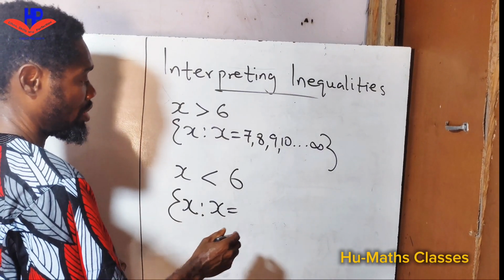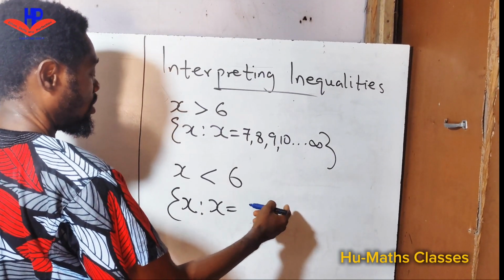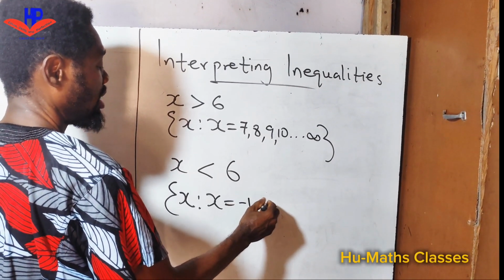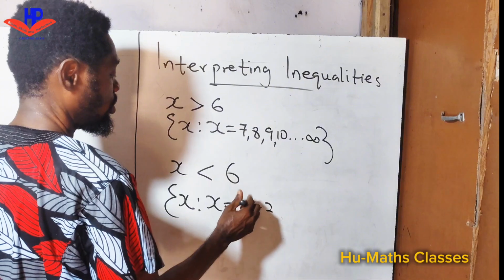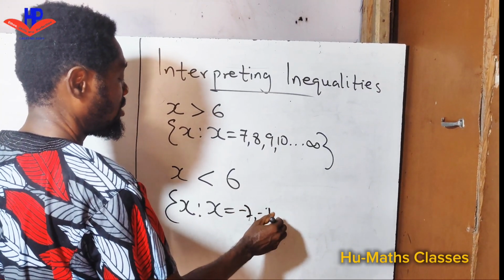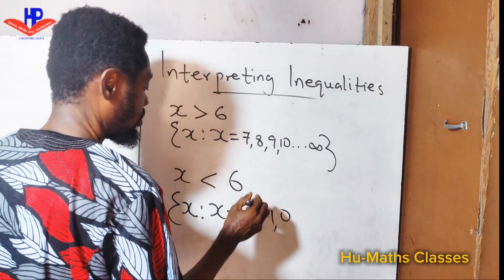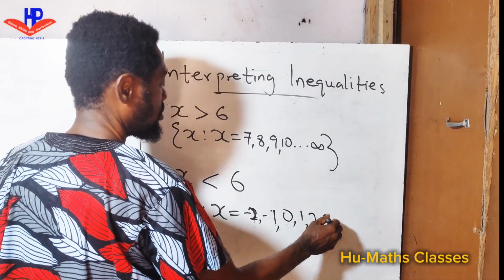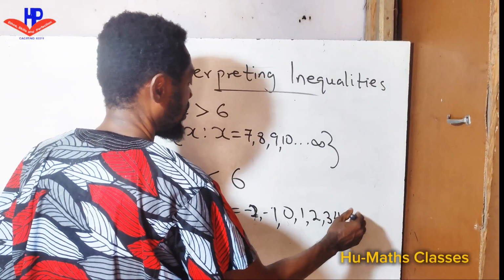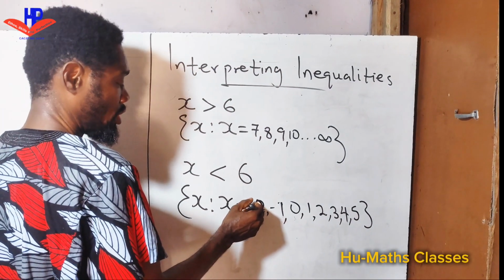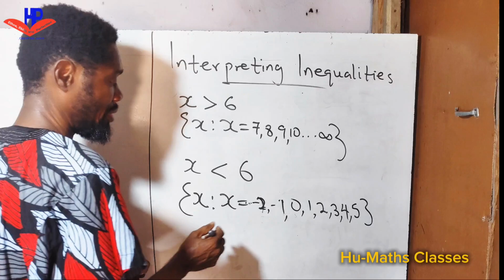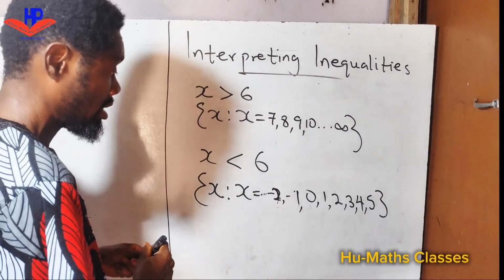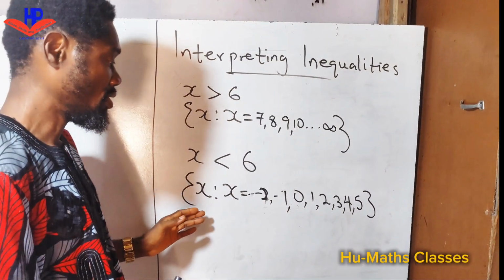And those numbers will be, let me start from minus 2, minus 1, 0, 1, 2, 3, 4, 5. I can't exhaust the numbers on the negative side, so let me put my ellipsis, my 3 dots, because I cannot exhaust the numbers that will come at the negative part of this set of numbers.